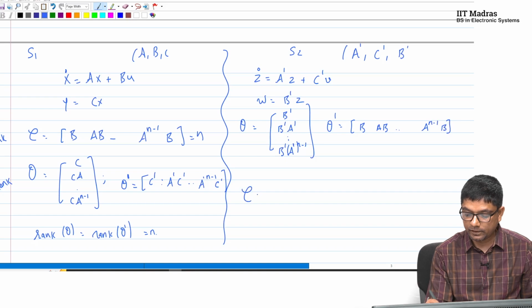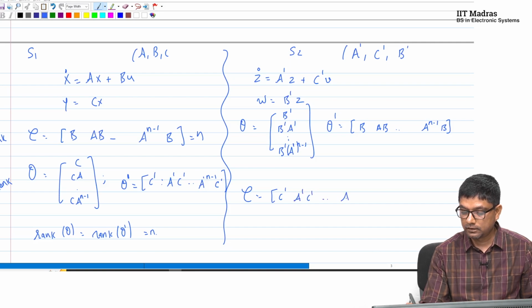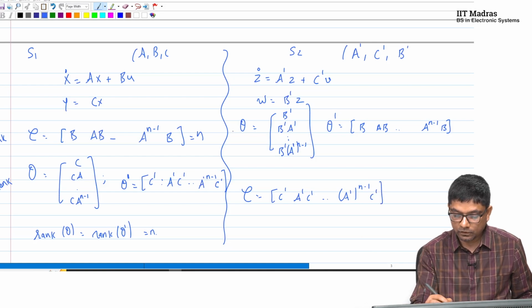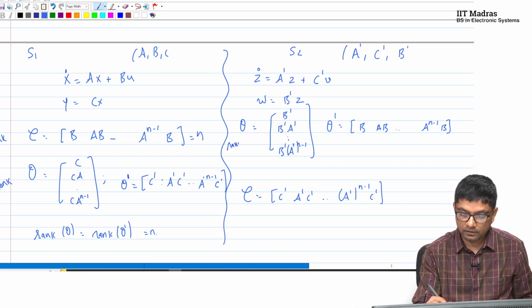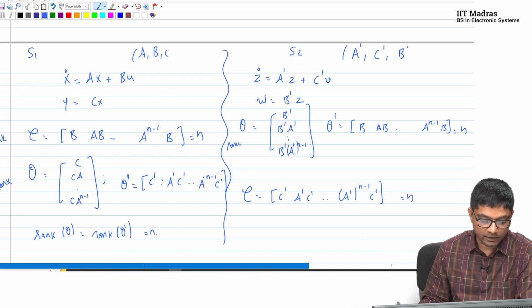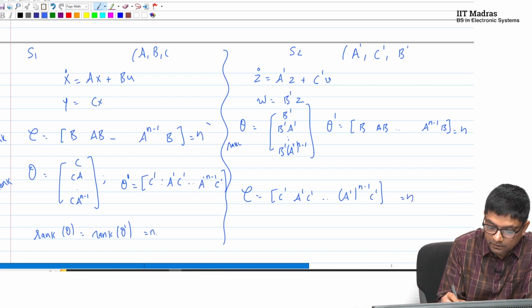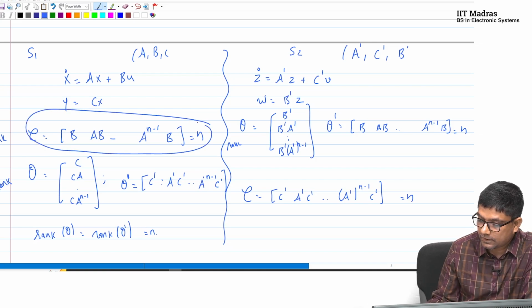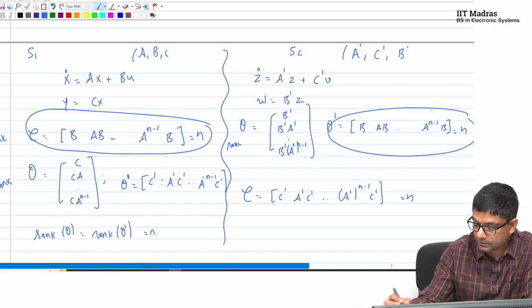Similarly, the controllability matrix here would be C, AC, up to A^(n-1)C. So, the rank for this should be n and the rank for this also should be n. So, when S1 is controllable, S2 is observable.